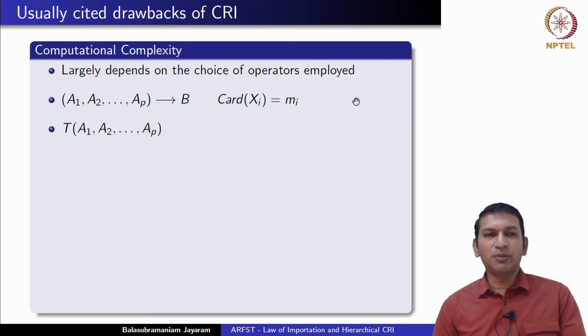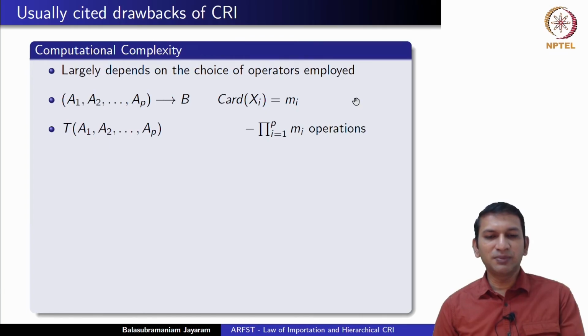Now first we need to combine these antecedents. Remember, in the previous case we had 2-dimensional inputs A1, A2 or A and B, so we got a 2D matrix. So if there are M1 components on A1 and M2 components on A2, then it is M1 cross M2. Those many components have to be obtained to make the 2D matrix.